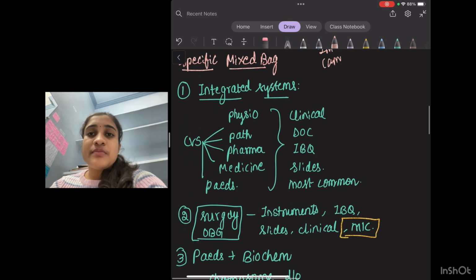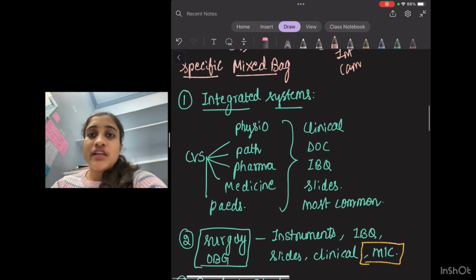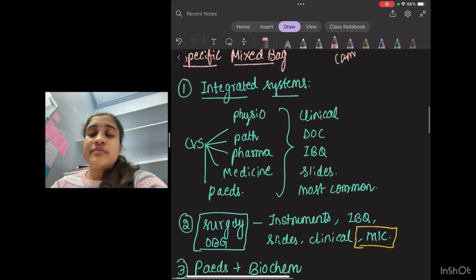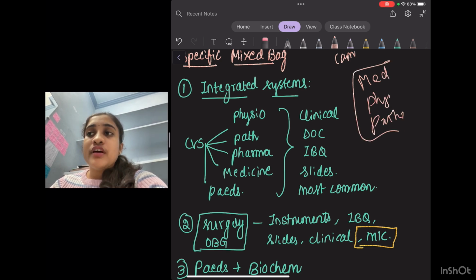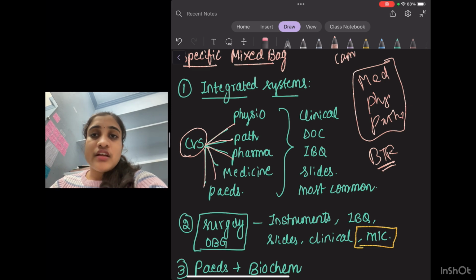Next, I have included some specific tags like integrated systems. Do not just read medicine, physio, patho, pharma separately. For integrated systems, do them combined, because in BTR the integrated systems are in a particular manner, so you can follow that in the last minute revision. For example, taking CVS, include patho, physio, pharma, medicine, peds in the custom module tag and solve.